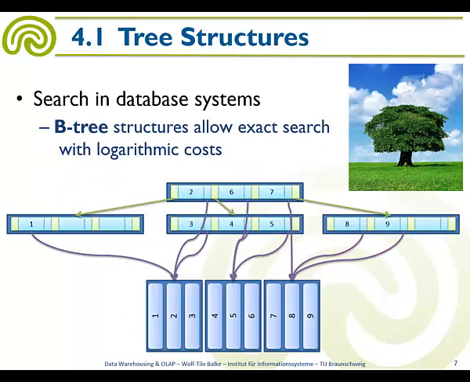So let's look at an example here. This might be like the root, and you have values 2, 6, and 7. Everything on the left side is smaller than 2, so we have 1. Everything on the right side of 2 is bigger, so 3, 4, up to 5. At the same time, they are smaller than 6, so they are on the left side of 6, and so on and so forth.